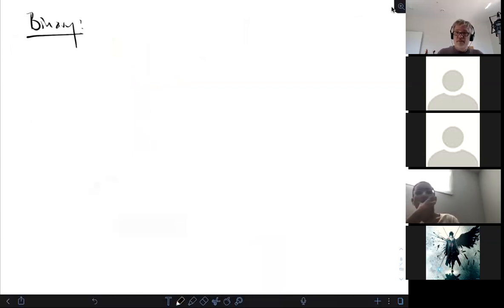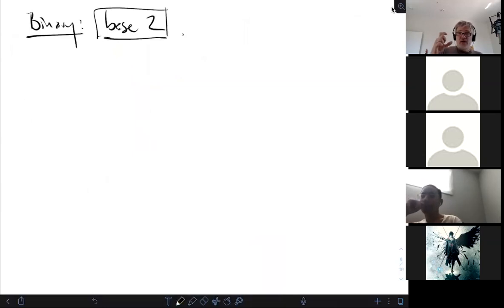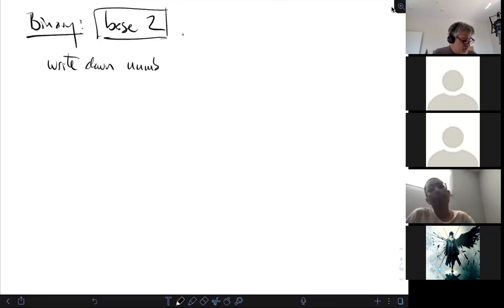So what is that? That's base 2. It's exactly the same thing as base 10, except that rather than work with powers of 10, we work with powers of 2. So we write down numbers with 2 symbols only, 0 and 1, which are all the values less than 2.